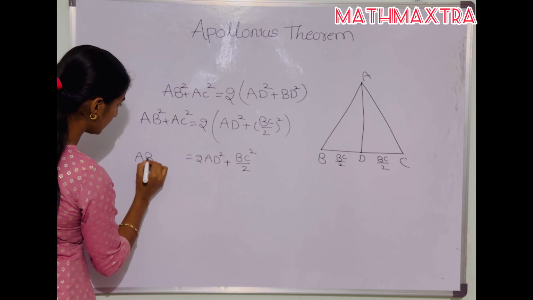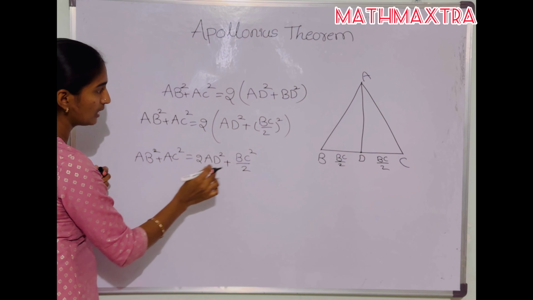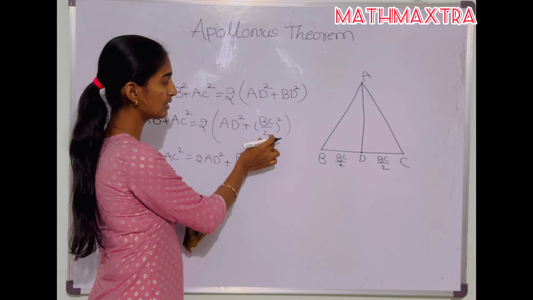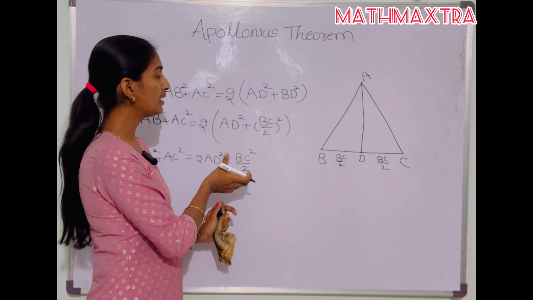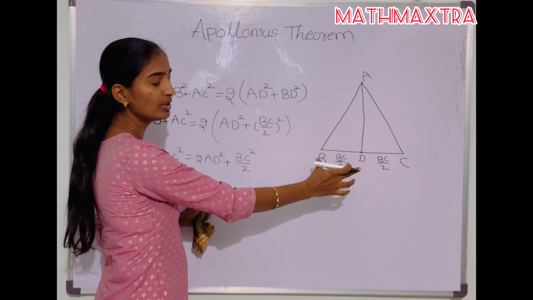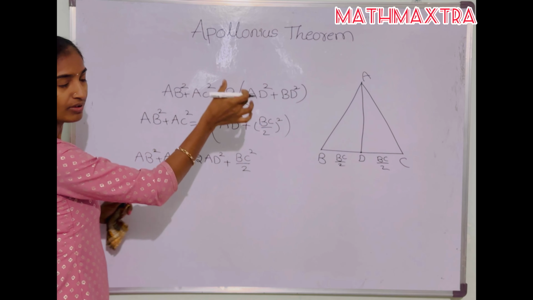Why are we substituting BC by 2 in place of BD? We always represent in terms of sides, right? That is why I am considering BC as a side, so I am representing BC by 2. So this is the relation from one median.